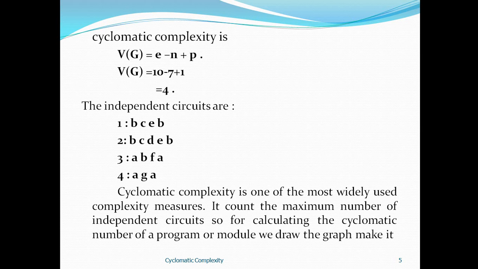If a program has fewer independent circuits, it is considered less complex. If a greater number of independent circuits are there, it is considered a complex program.